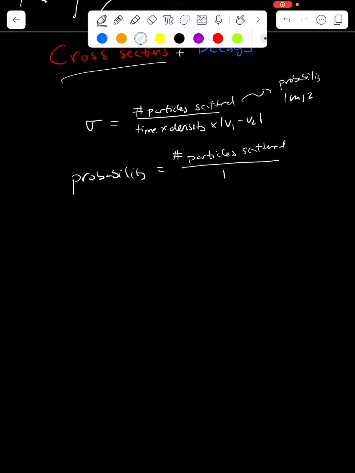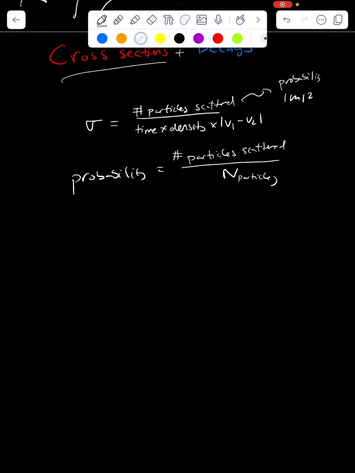So the total number of particles, well, let's just call it N, okay? N particles. So when we talk about measuring probabilities, what we actually mean is just shooting a bunch of particles at each other, dividing the number of particles that actually do get scattered by the total number of particles that we actually had, pretty much.